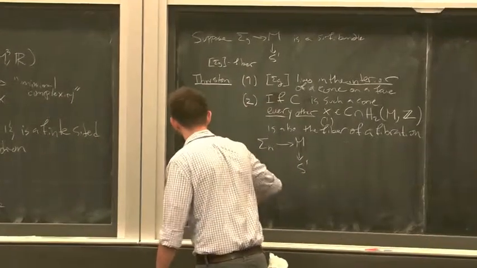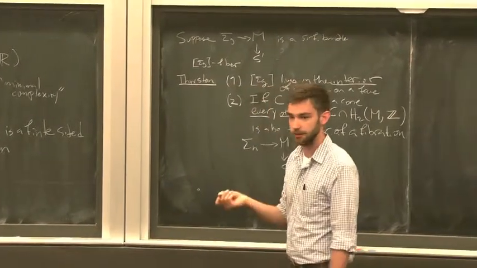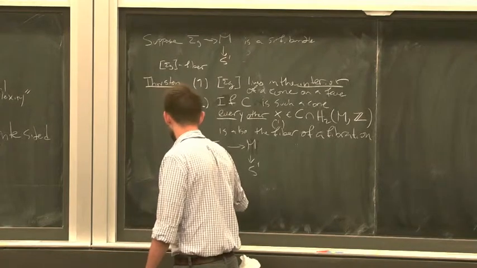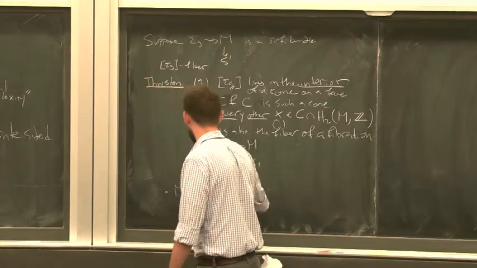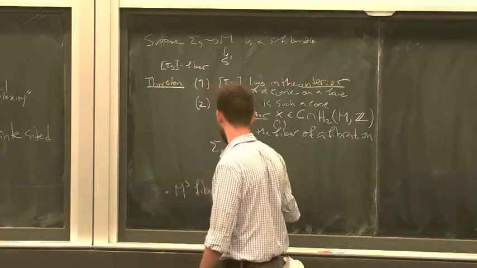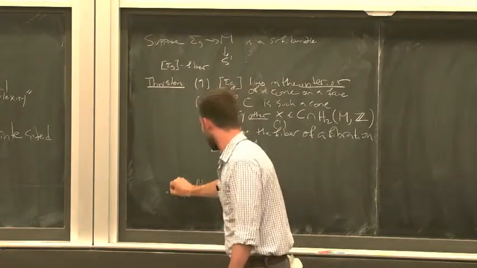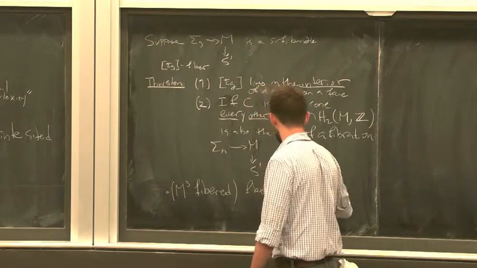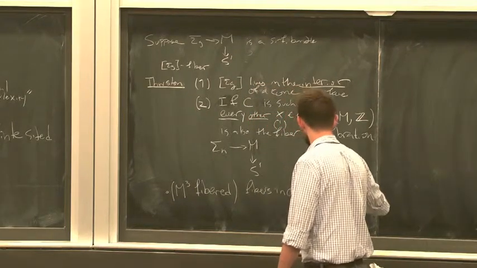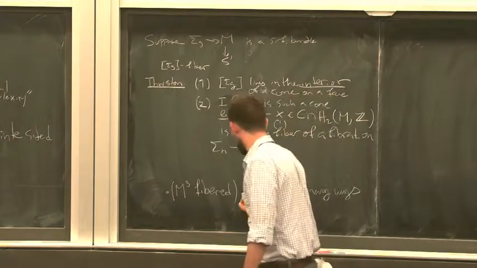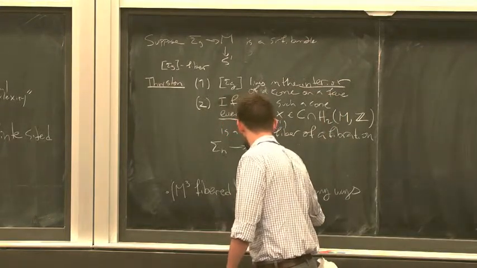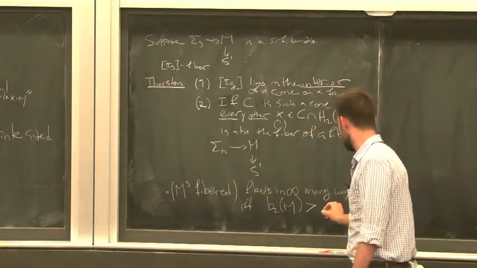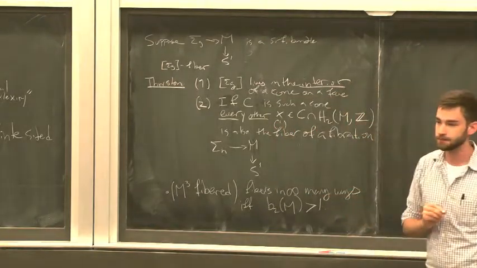And this will be important for what I want to talk about next, so let me just record this fact, that if I have a fibered 3-manifold M, it fibers in infinitely many ways if and only if b_2 of M, or b_1, I guess, if we're closed, is bigger than 1.